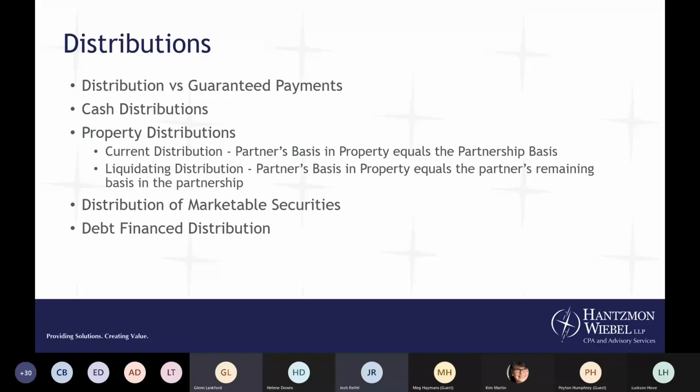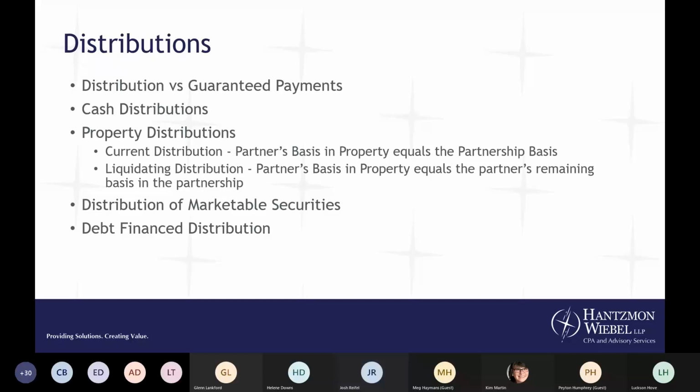Yep. So as I started talking about debt financed distributions, this is an instance where a distribution is given or taken by a partner or multiple partners, where that distribution has arisen from debt, basically, from either refinancing or taking out a new loan. So a good example of this would be a rental real estate property.